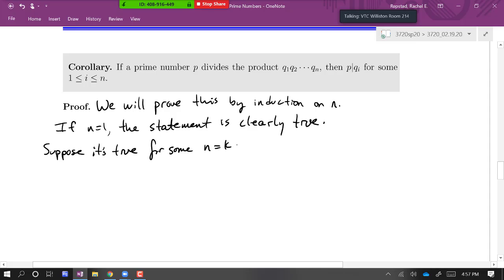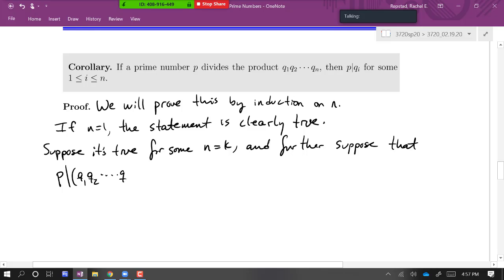And further suppose that P divides the product Q1, Q2, through QK times QK plus 1.